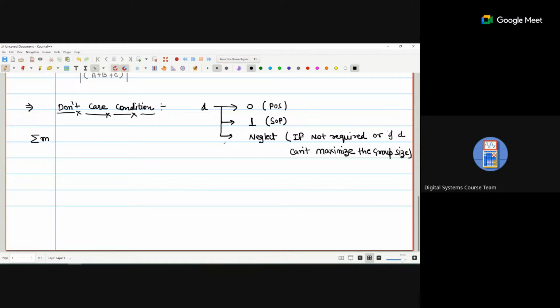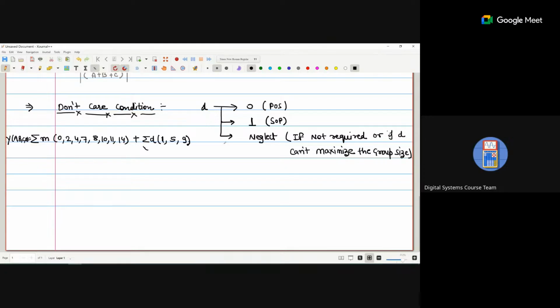So for example, Y of A, B, C, and D is equal to sigma M 0, 2, 4, 7, 8, 10, 11, 14 plus sigma D 1, 5, 9. Okay, now the thing is that the value of D may be 0, may be 1.